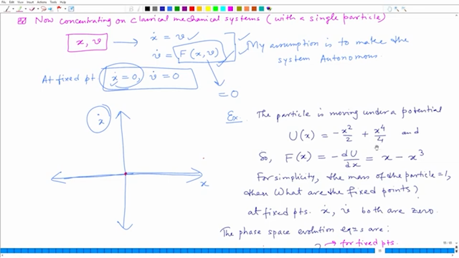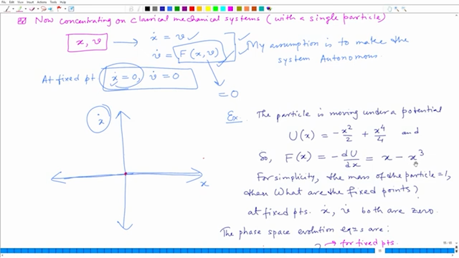And then just by using the concept of potential, you can derive the gradient of that potential to be the force on the particle, which is minus dU/dx, and that will be given by x minus x cube.